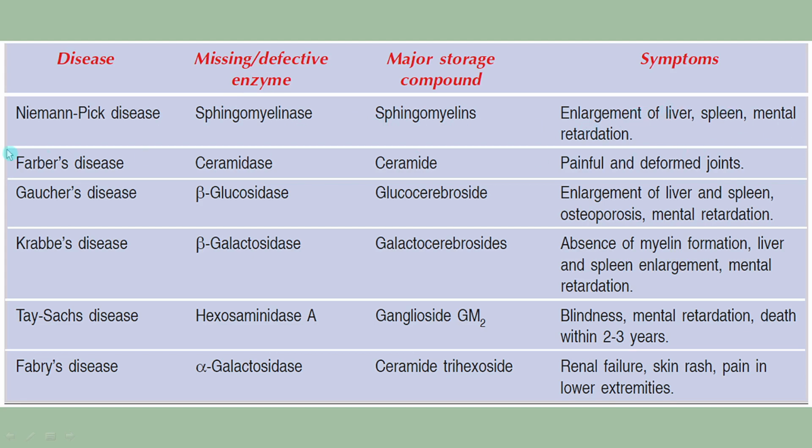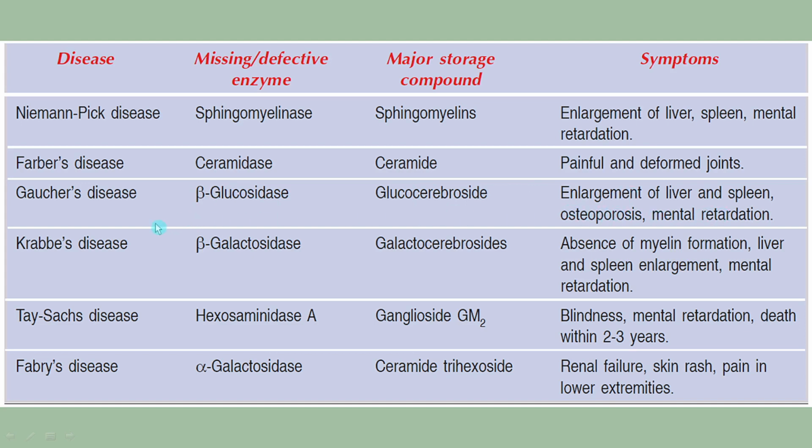Then we have Farber's disease, in which ceramidase is absent and ceramide is the major storage compound. Gaucher disease: beta glucosidase is deficient, glucocerebroside is stored, and enlargement of liver, spleen, osteoporosis, and mental retardation are the symptoms.